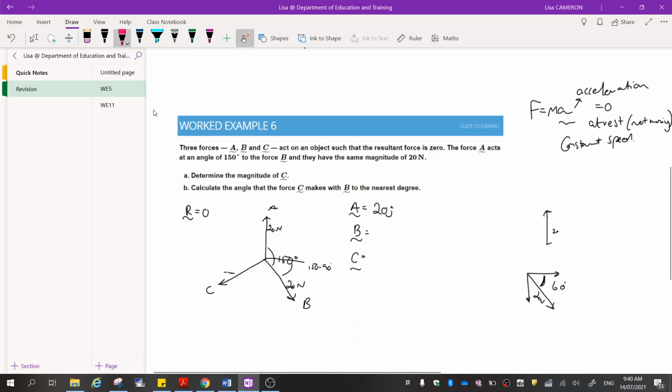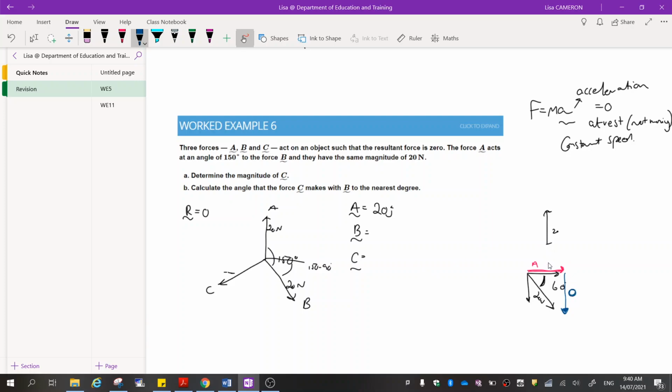Next thing we want to do is start breaking it down into its component form. So I'm going to do this using SOHCAHTOA. Now my i vector is going in this direction and it is adjacent to the angle. My other vector is opposite.